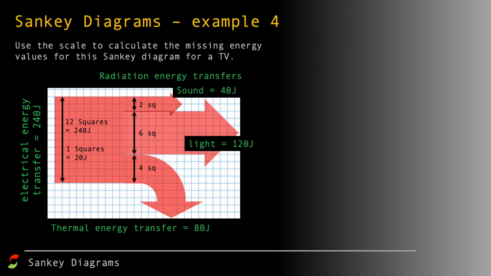Here we've got 240 joules being transferred to our TV. 40 in terms of sound, 120 comes out in terms of light, and 80 is wasted. So you can see there that all of the energy transfers from the TV add up to 240 joules, and there's 240 joules being transferred to the TV. So quick mental check, everything seems to be all right on that.